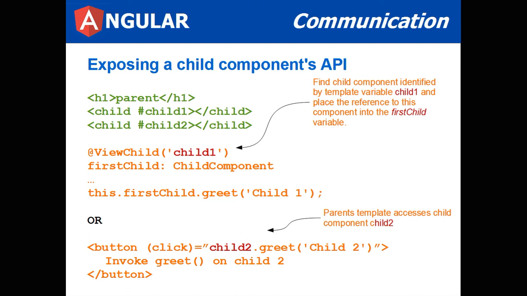Using an annotation, @ViewChild('child1'), you could define the firstChild attribute to be the child component. And then you could use firstChild.greet('child1'), which means you're calling the greet function of child1.